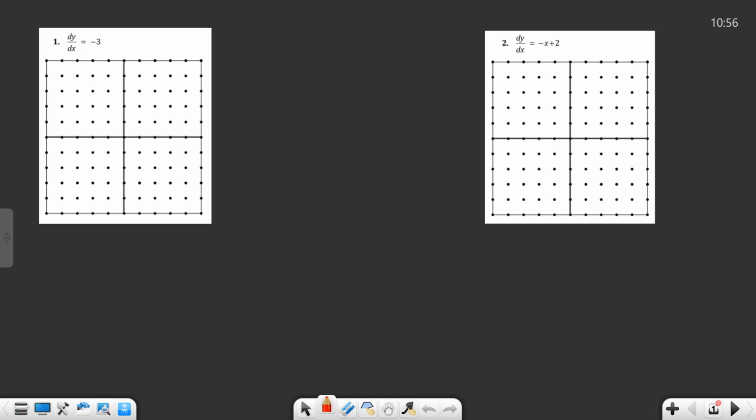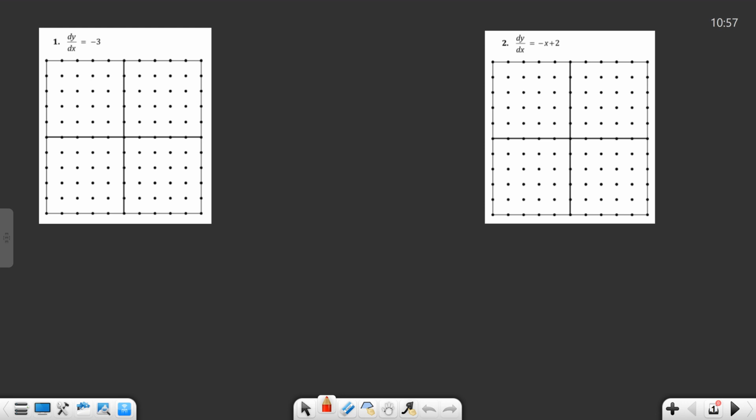You also want to do a little bit of detective work to make your life a little bit easier. Let's start on the x-axis. Suppose y equals 0. What's the value of the derivative? If y equals 0, what's the value of the derivative?